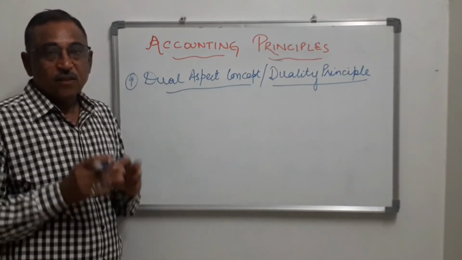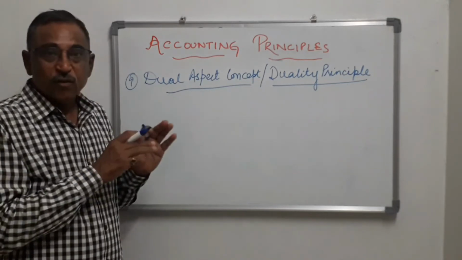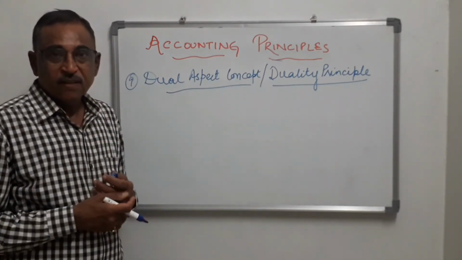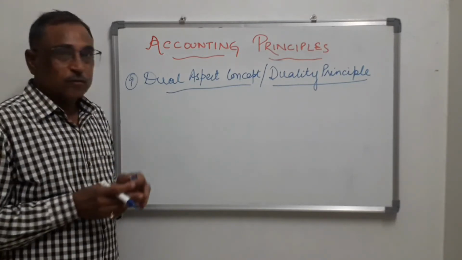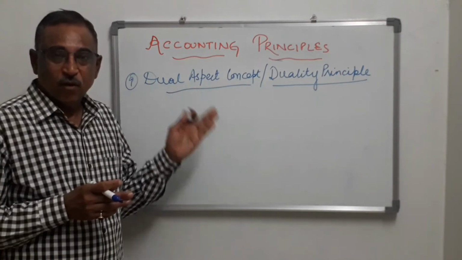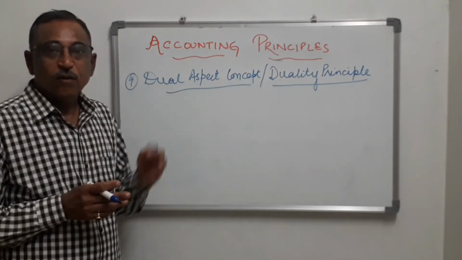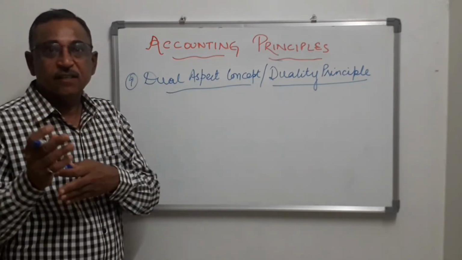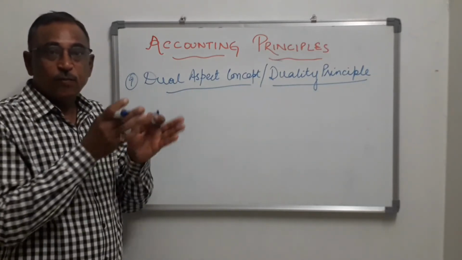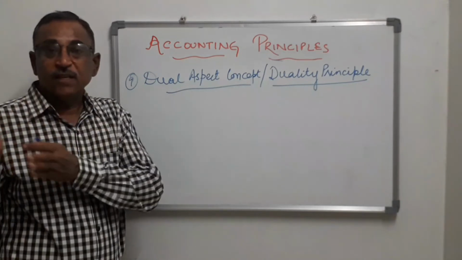And don't worry, very soon we are going to study in detail about this concept in the form of accounting equation, or to quote differently, as per Newton's third law of motion, to every action there is equal and opposite reaction. Same thing applies here also. For every debit transaction there should be an equal and opposite credit transaction.